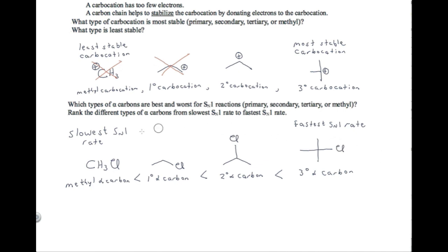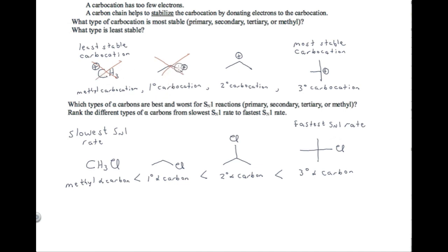Now, if you think about it, this material means that there are some alpha carbons that can't do an SN1 reaction at all. Question: which of these types can't do an SN1 reaction at all? Well, remember we said that you just can't form a methyl or a primary carbocation. But in order to do an SN1 reaction, you have to form a carbocation intermediate.